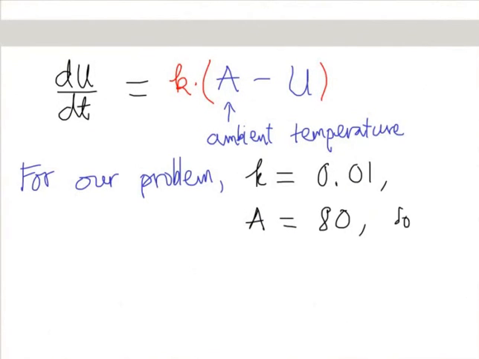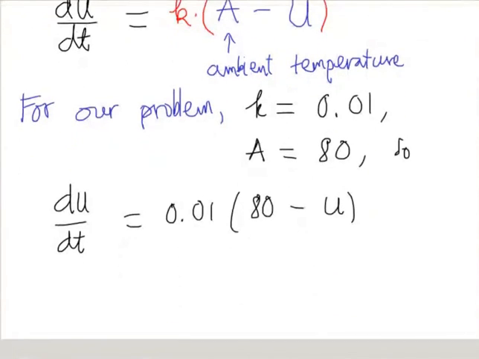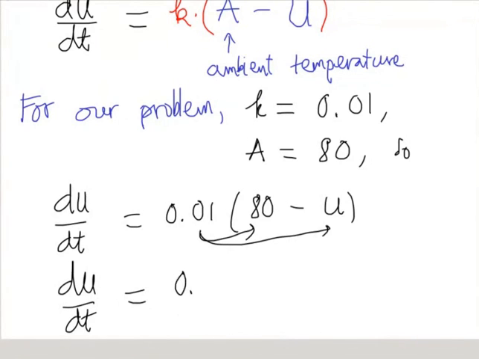So our equation is du dt equal to 0.01 times 80 minus u, which we can distribute in, and we get 0.8 minus 0.01 u.